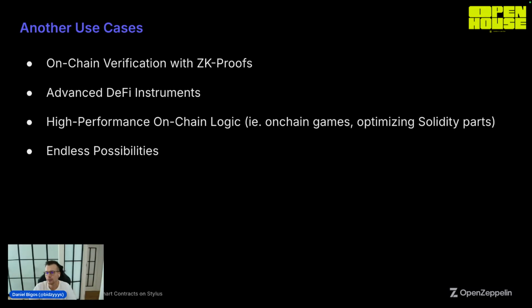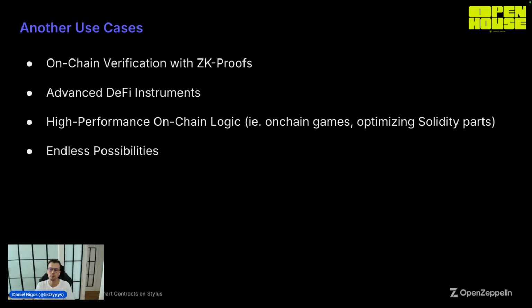Other use cases that developers may want to build with Stylus can be anything around zero knowledge proofs, like on-chain verification. Another use case may be some advanced DeFi instruments or advanced DeFi algorithms, anything like that.